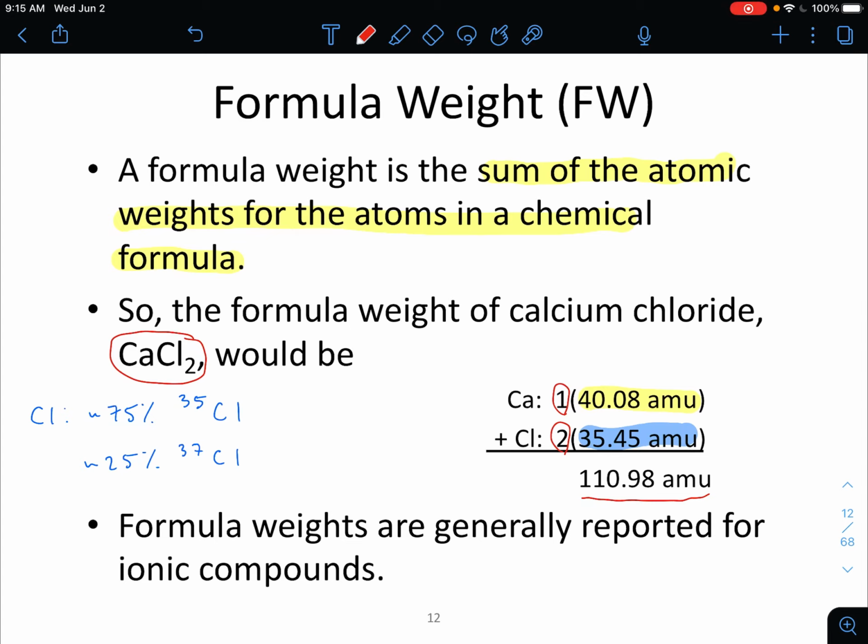So again, as a general rule, I'm just going to say let's round our atomic weights from the periodic table to 2 decimal places, and if you follow that, it'll give you one less thing to worry about, just always collecting that value to 2 decimal places.